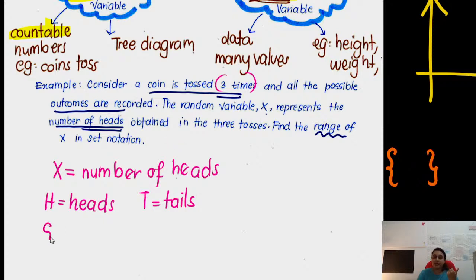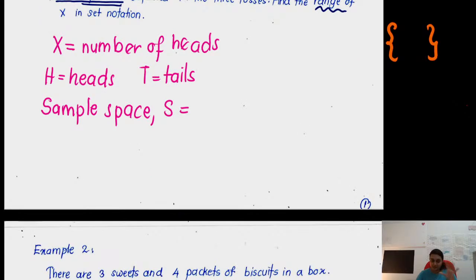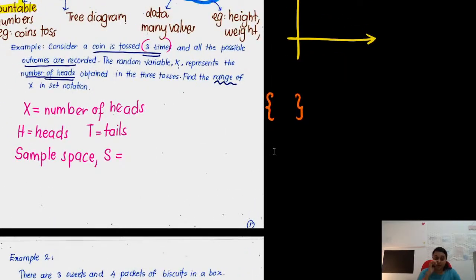If you throw the coin 3 times, what sample space can come out? That means what outcomes can come out? Let's see, sample space S. I'm going to write all the values that can happen. In order to write the values, we can do a tree diagram. See how the teacher does the tree diagram. The first toss: what outcome can happen?